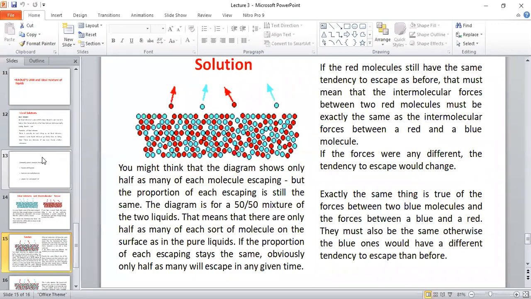So in an ideal mixture, the intermolecular forces between the 2 different molecules must be the same as that between similar molecules. So intermolecular forces must remain the same so that the tendency of any of the molecules to escape will remain the same.